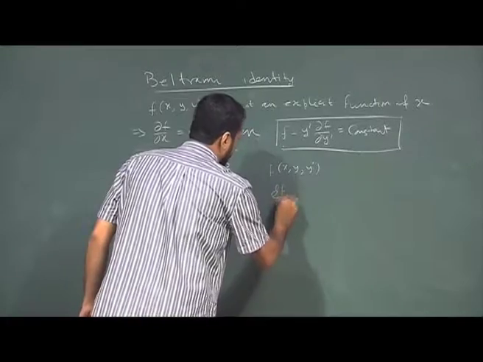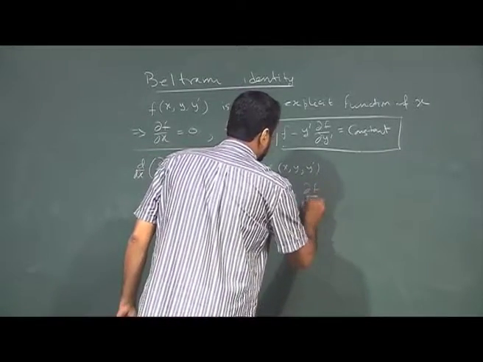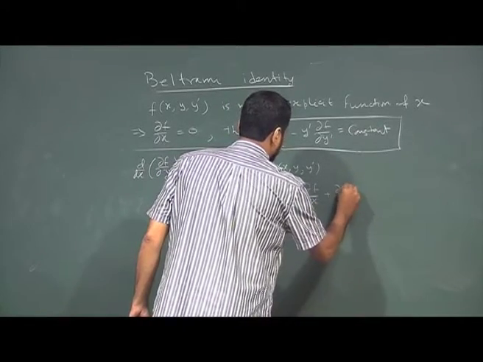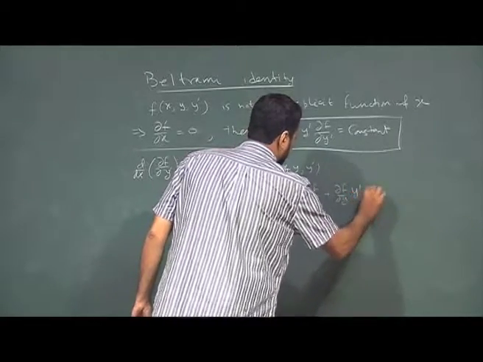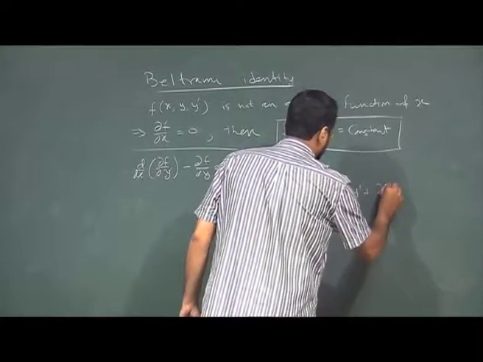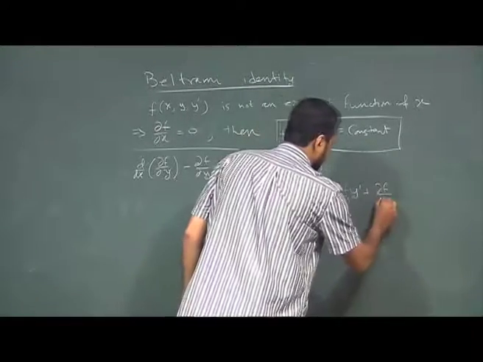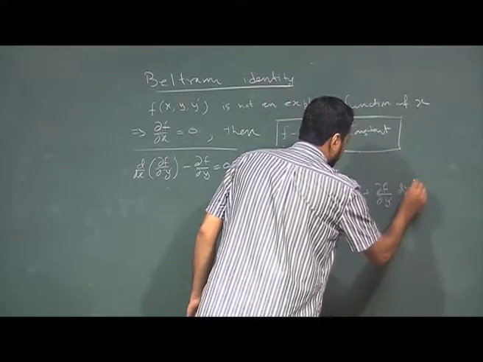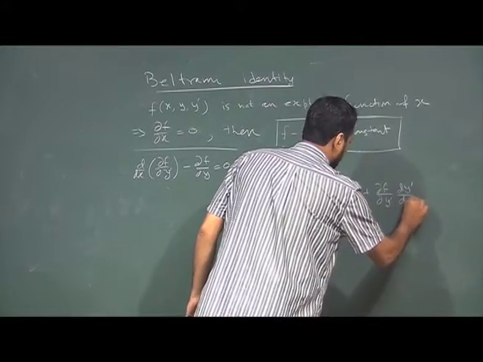So, df dx is given as del f del x plus del f del y y prime plus del f del y prime times d y prime dx.